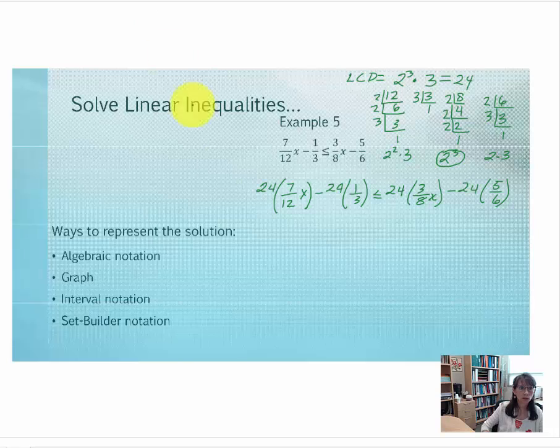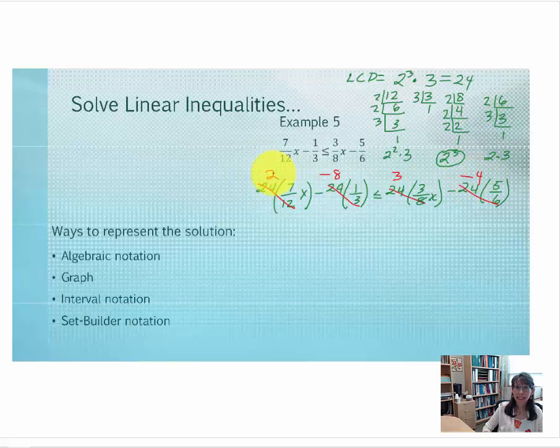So I should be able to do some reducing and eliminate all of our fractions. 24/12 is exactly 2. 24/3, remember it's a negative 24/3, that's minus 8. 24/8 would be 3. And negative 24/6 would be negative 4.